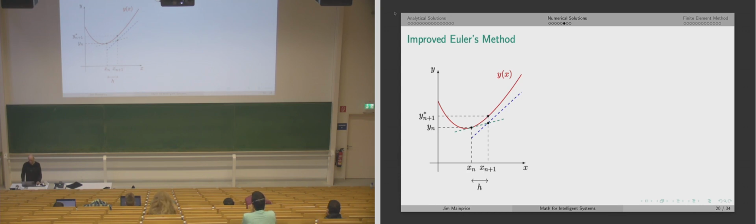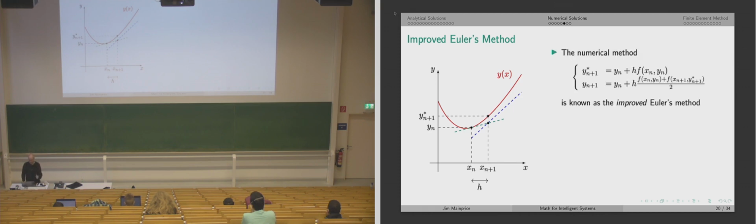Anyway, so that leads to an improved method for the Euler method, where we are going to approximate the first order derivative by computing the average of the first order derivative between 2 points. So that's what's drawn here.